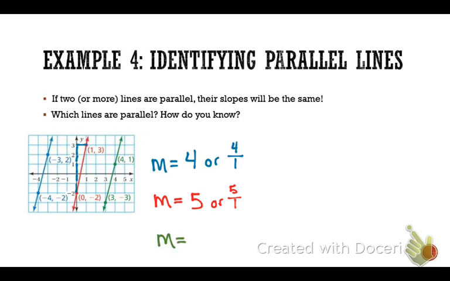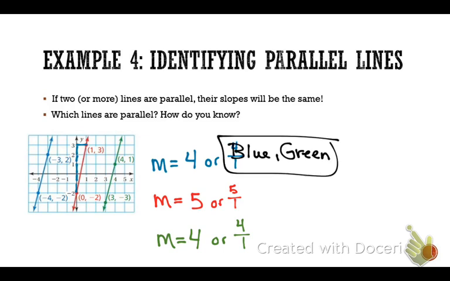So if my green one is either 4 or 5, then it's going to be parallel. All right, let's see what the green one is. What's my green slope, guys? 4, or 4 over 1. So based on the information that I've gathered, which lines are parallel?